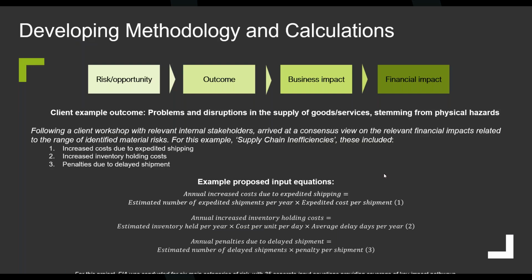So what you can do here is look through these 3 proposed input equations just as examples, but really you're looking at a full suite being somewhere between 20 to 40, I would imagine, depending on how complicated the groupings are. And again, we're trying to look at this from across the range of financial impacts. I've seen some companies that attempt this for the first time and purely do it based on potential lost revenue, for example.